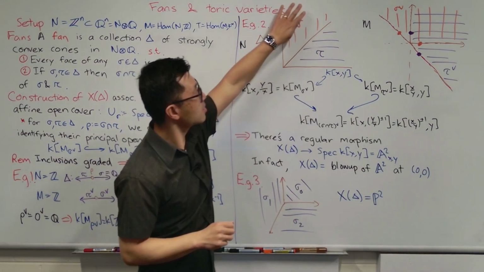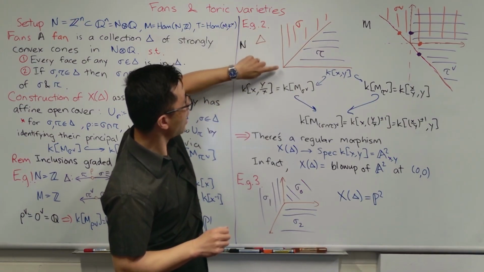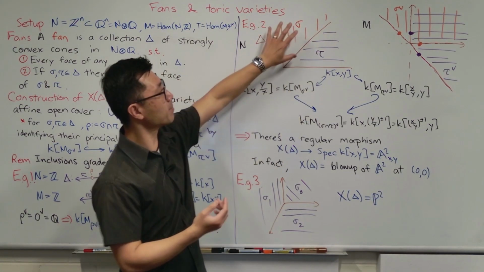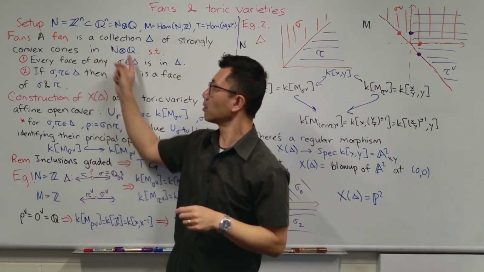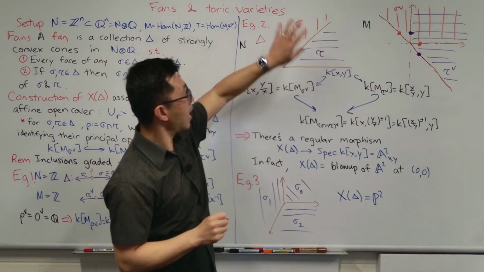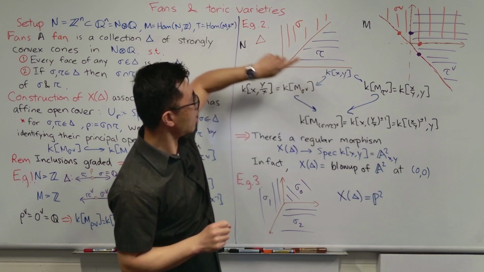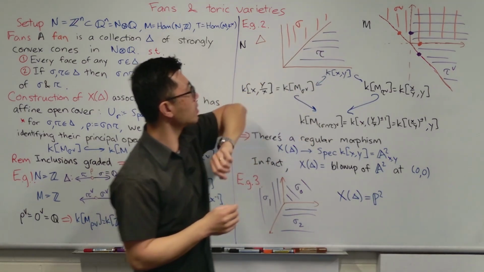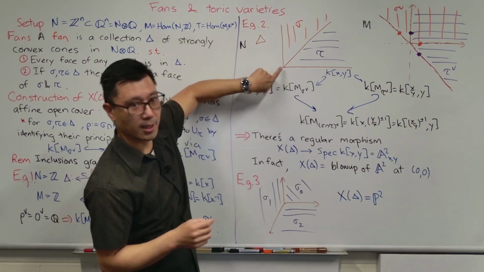So what are the faces? Firstly, the one-dimensional faces of sigma are this face here and this face here. So they're also cones inside this fan, as well as the faces of this tau. So that's this one here and this one here. They're the one-dimensional faces. And the zero-dimensional face, well, that's just this point here.